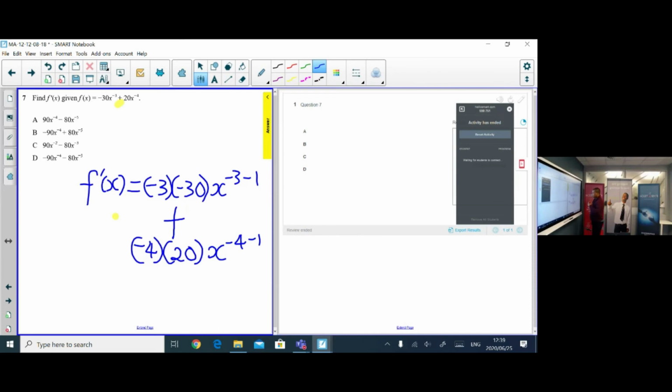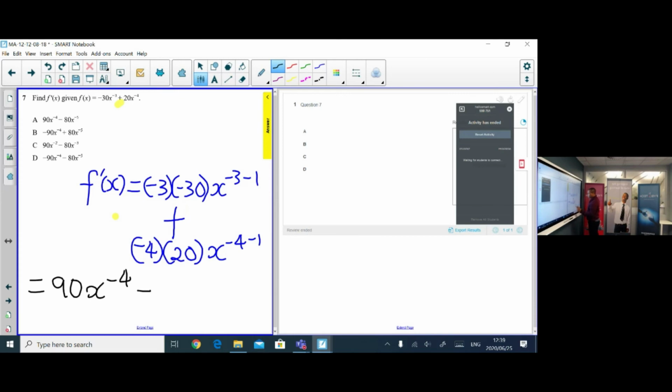Okay. So this is one solution. So what would it give you? So this would give you minus 3 times minus 30 would give you positive 90, and then you have an x to the negative 4, plus minus 4 times 20 would be a minus. So I can actually change to be minus on this.